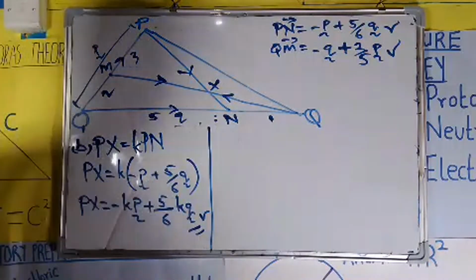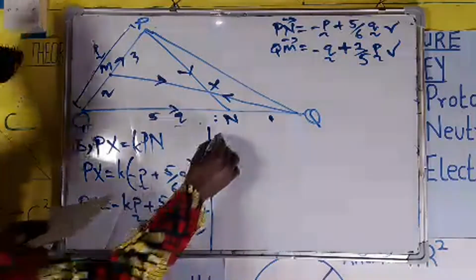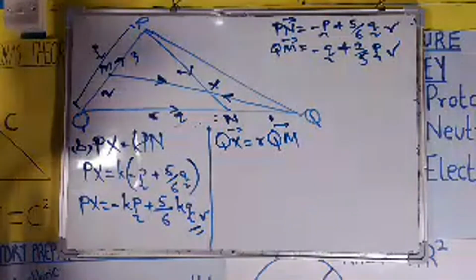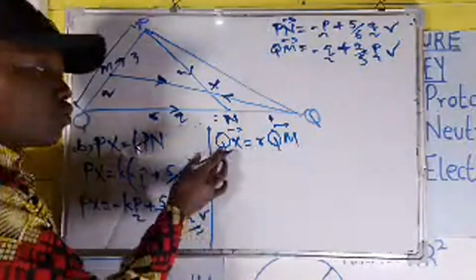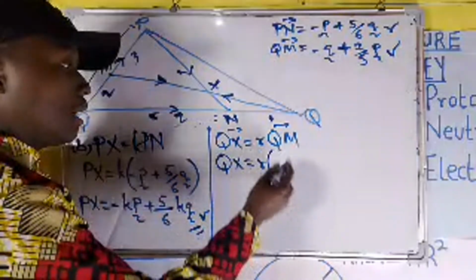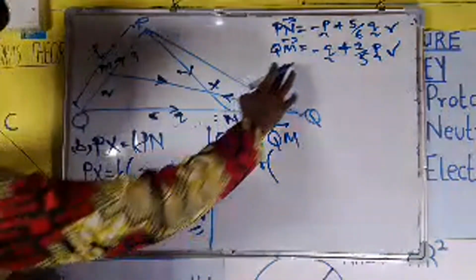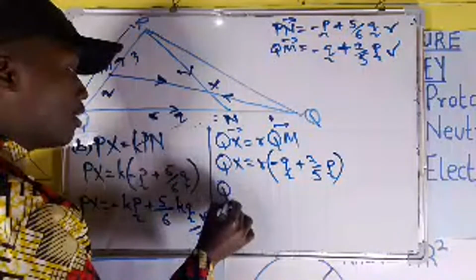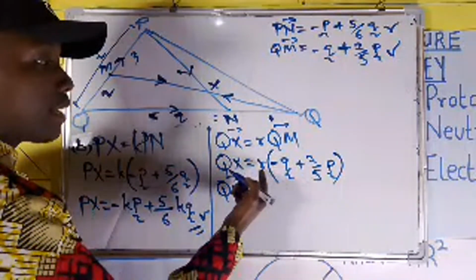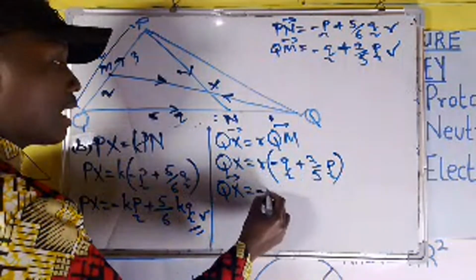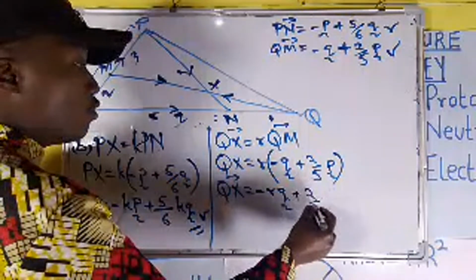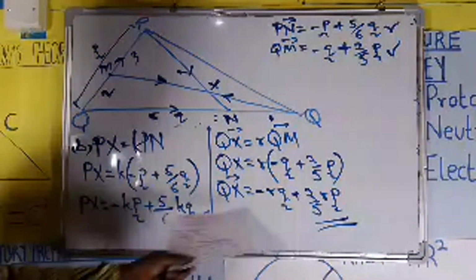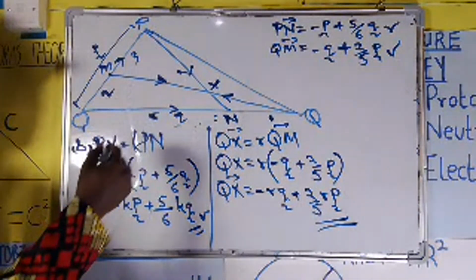Then we come to the second one. What is the second? QX is equal to RQM. So what we are going to do in this case is take QX as R times QM. QM is what? The QM we got there was minus Q plus 2/5 P. So our QX will be minus RQ plus 2/5 RP. We need to get that. Having these two, we can write them up there, we will need them.